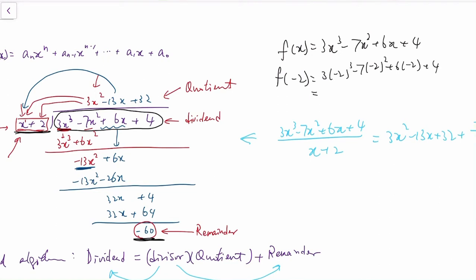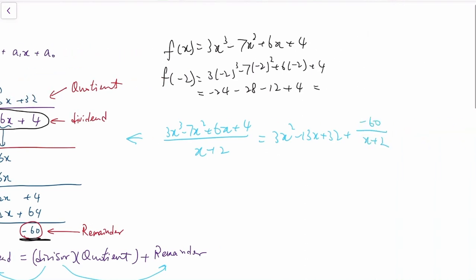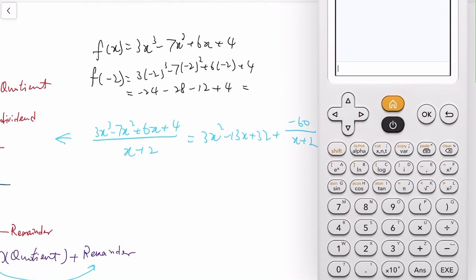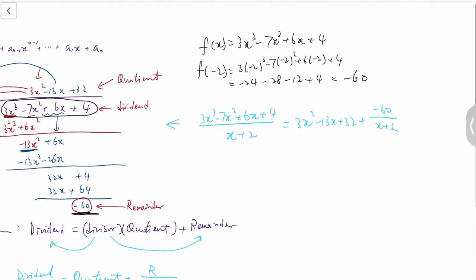This is what? Negative 8, negative 24, minus 28, minus 12, plus 4. What's that? My mental math is quite bad, so to make sure. Oh, we get negative 60. What's negative 60? Well, the remainder. And this is obviously not a coincidence. This is known as the remainder theorem.